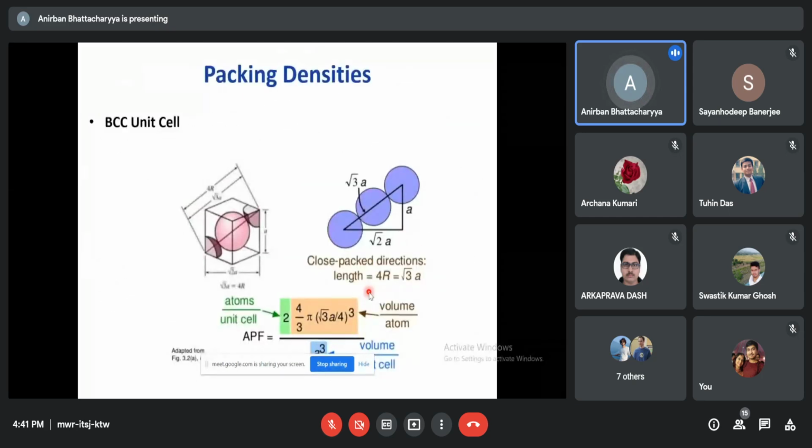This is where we left off: the BCC unit cell and the packing density, and then we said that we will leave the FCC out as an exercise, which I will post today after the finishing of this chapter.